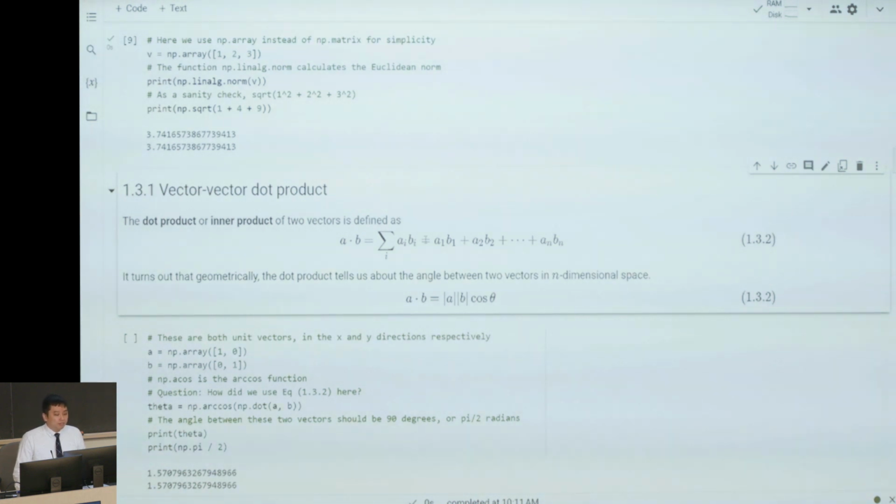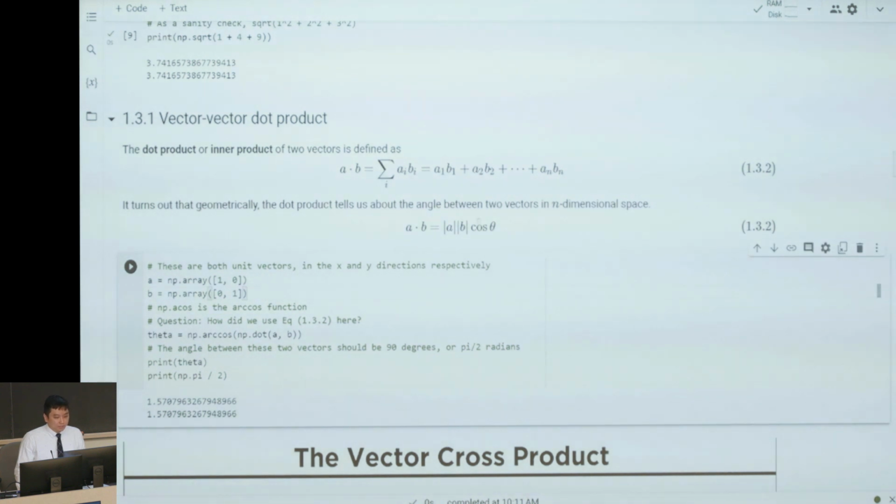And the point of this dot product is to tell us the similarity of the two vectors. Geometrically, it gives us something in terms of the cosine of the angle between them. But the interpretation is if the dot product is large, then the vectors are either aligned in the same direction or aligned oppositely.